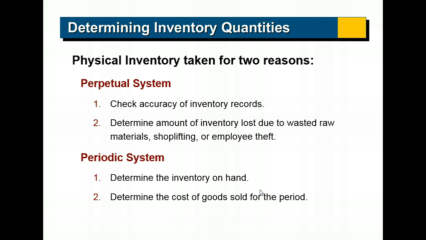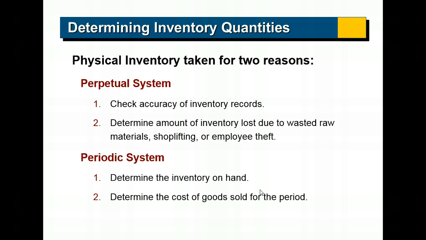The periodic system is such that you don't ever really know where you stand till the end of the year. You put everything into purchases, and then at the end of the year, we will take a physical count of what's on the shelves, and the difference is inventory on hand. So the rest is going to be under cost of goods sold because it's no longer here.